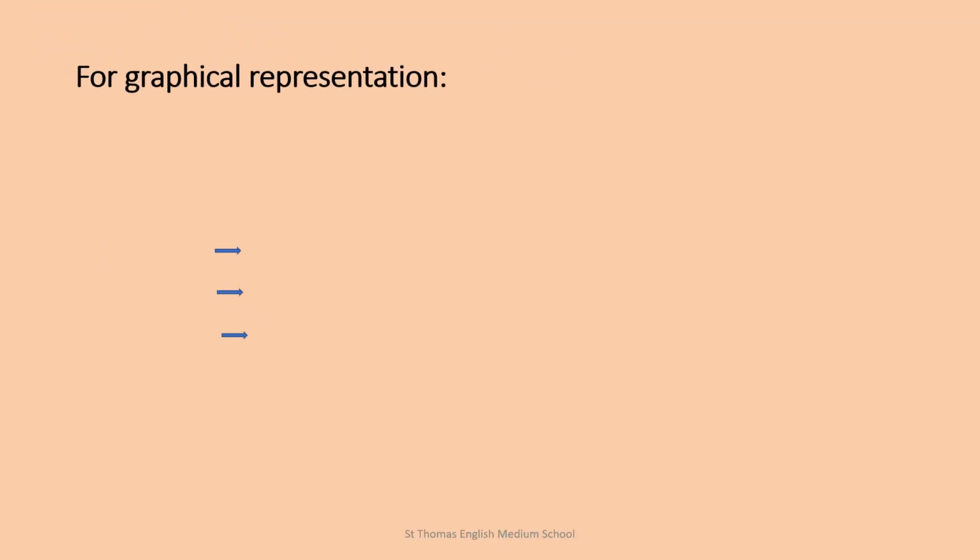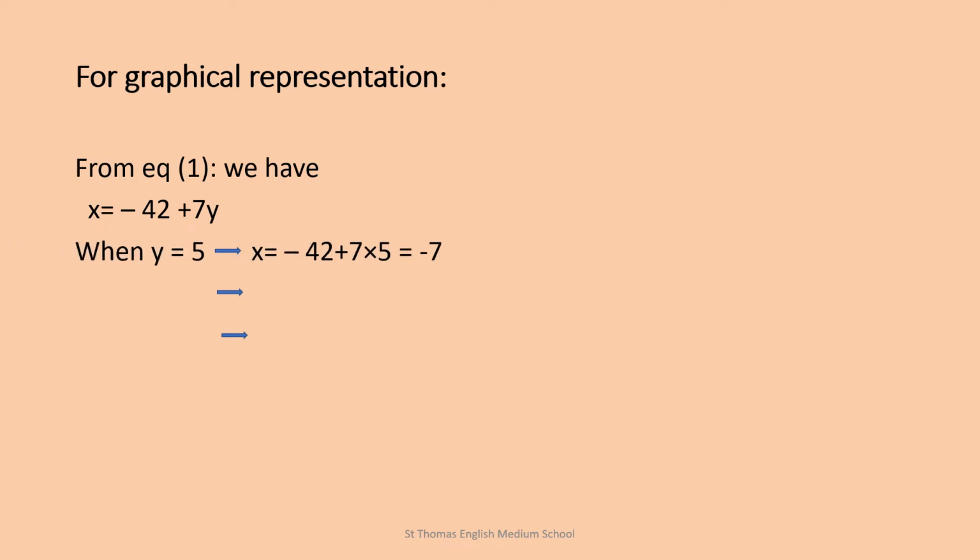For the graphical representation, we have to find 3 solutions for each equation. Therefore, from equation 1 we have x = -42 + 7y. You can take any values for y and get the value of x. When y = 5, x = -42 + 7 multiplied by 5, that is -42 + 35, that is -7.